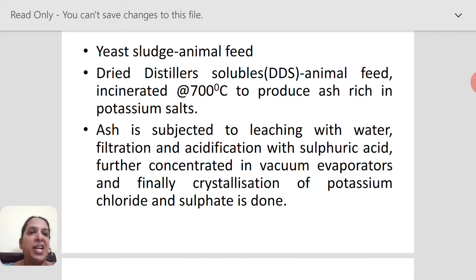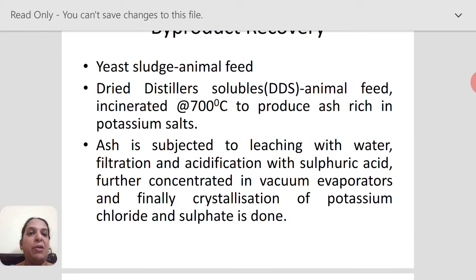Further, the ash coming from the incineration of the dried distillers solubles will be subjected to leaching with water as well as filtration and acidification with sulfuric acid, and further to vacuum evaporation and crystallization, where the final potassium chloride and sulfate can be obtained. So instead of using the ash with potassium salts directly as fertilizer, this ash can be subjected to a series of operations like leaching, acidification, concentration and crystallization, where you could get pure potassium chloride as well as sulfate, which can be used as a direct fertilizer.